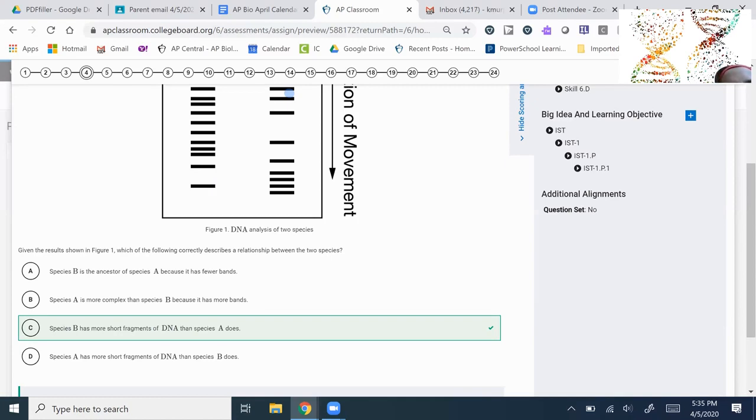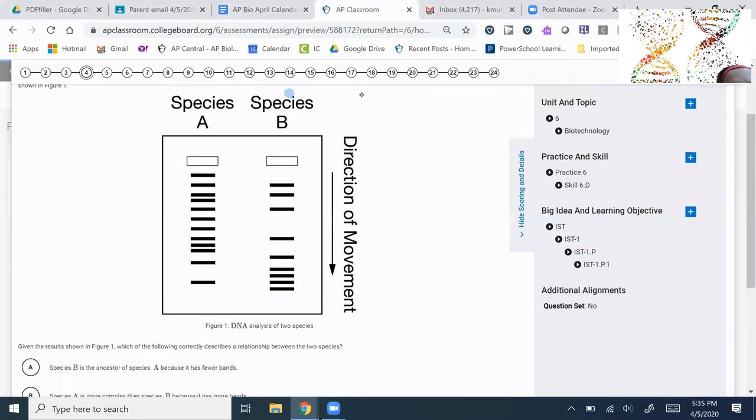So let's look at these. Species B is the ancestor of species A because it has fewer bands. When we look at this, there's nothing that you can tell that one is the ancestor over the other, and fewer bands is not going to indicate that.